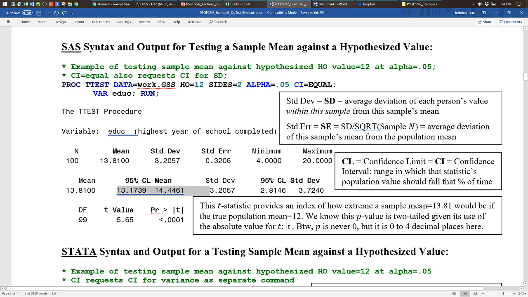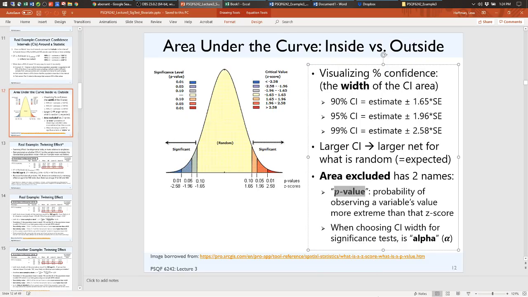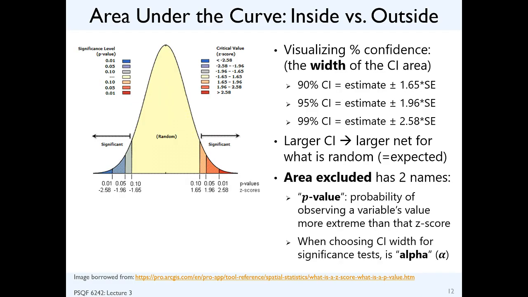So how far off am I? Well, the t-value that goes with a sample mean of 13.8 is 5.65. It's positive because my mean is way higher than the 12 I thought it would be. So here's my picture. We're way out in Redland here.